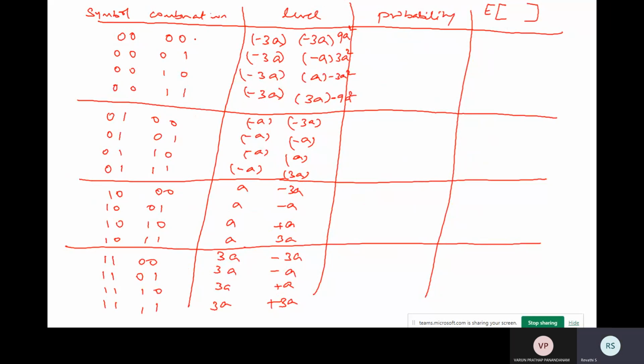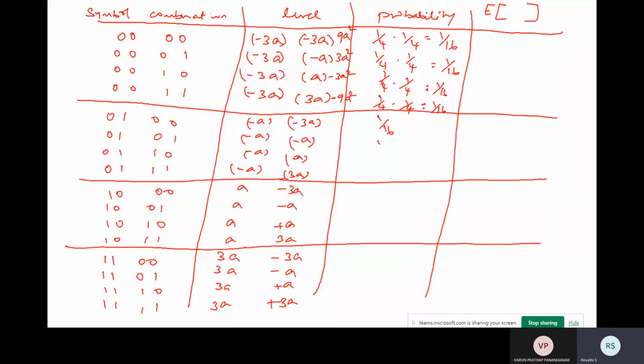In the nth position is also 1 by 4. So 1 by 4 multiplied by 1 by 4. This happens for all the combinations, because we have taken them as equally likely. So similarly for the second also 1 by 4 into 1 by 4. Here also 1 by 4 into 1 by 4. So the probability for this is 1 by 16.